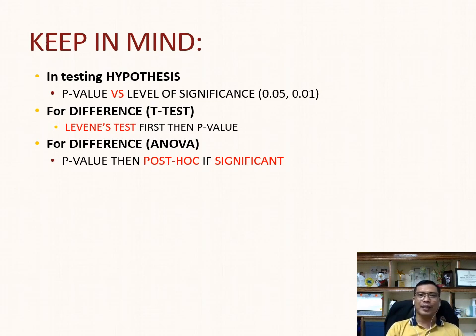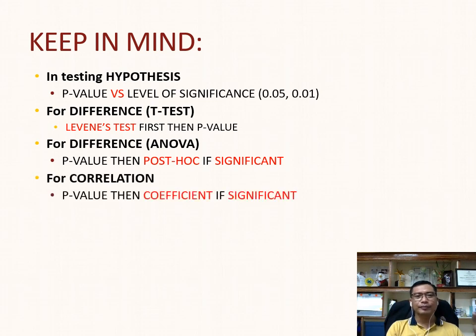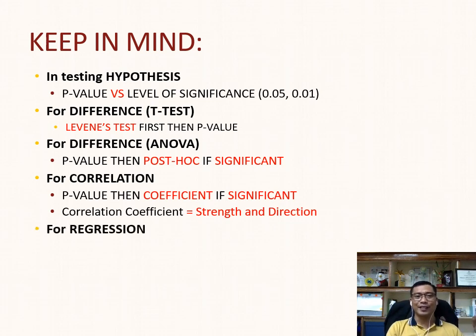If the p-value is significant or is less than 0.05, then you do post hoc analysis. For correlation, if the p-value is significant, you proceed to determining whether there is negative or positive correlation and what is the strength of their relationship. That would be determined by the correlation coefficient.